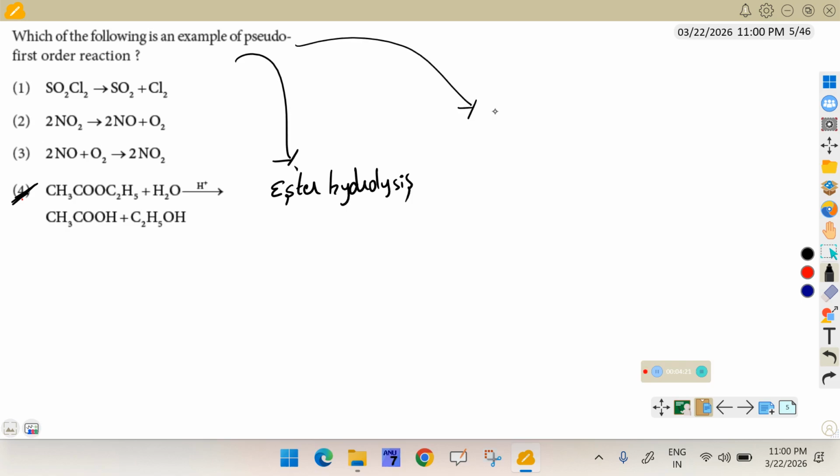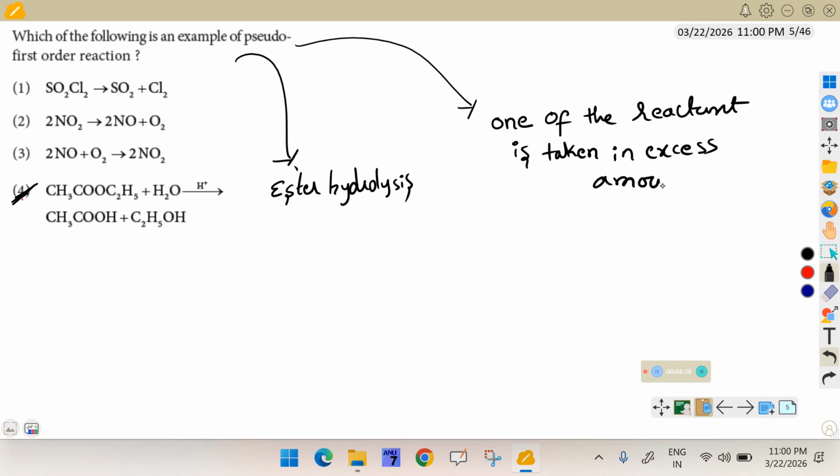In a pseudo first order reaction, one of the reactants is taken in excess amount. In case of ester hydrolysis, water is taken in excess amount, so neglect the water. That's the reason it is the example for pseudo first order reaction.